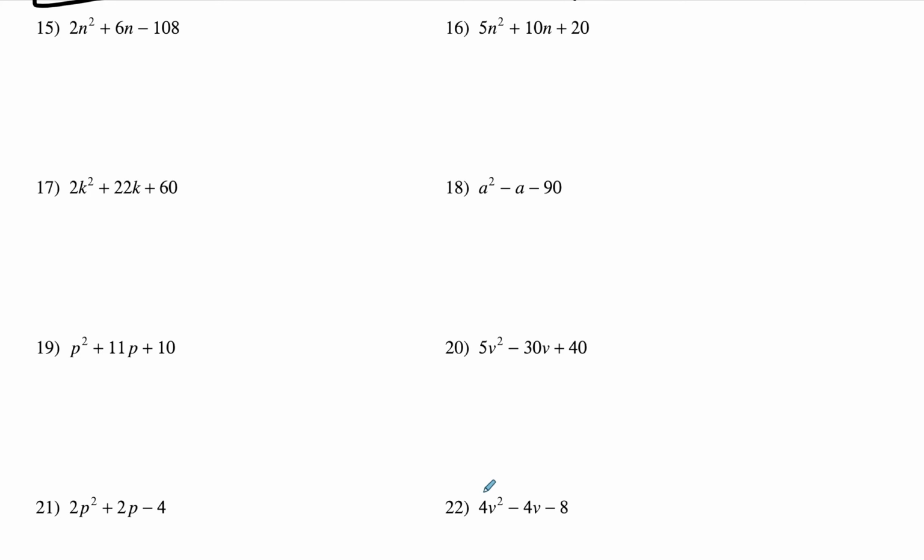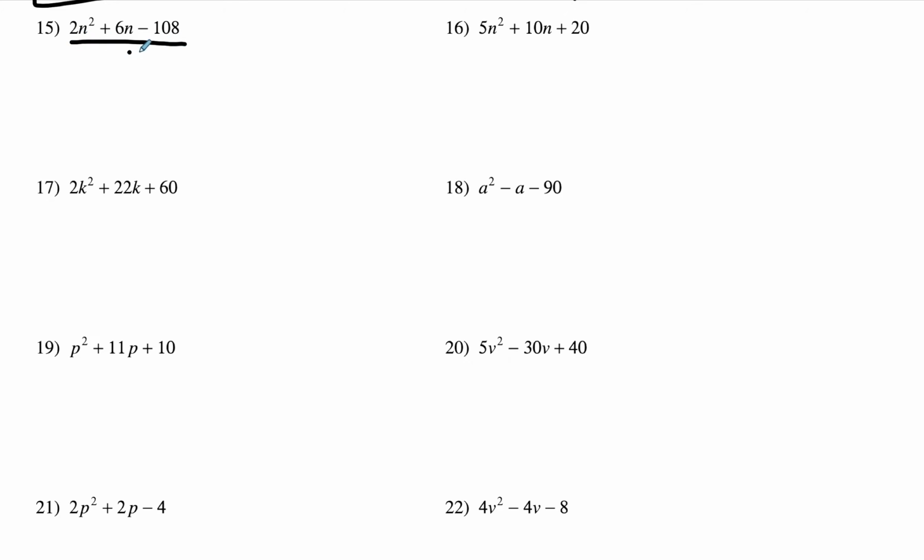These are special because all 3 terms are divisible by the a value. That is, 2 is divisible by 2, 6 is divisible by 2, 108 is divisible by 2, 5 is divisible by 5, 10 is divisible by 5, 20 is divisible by 5.